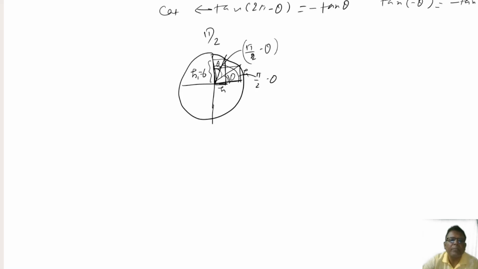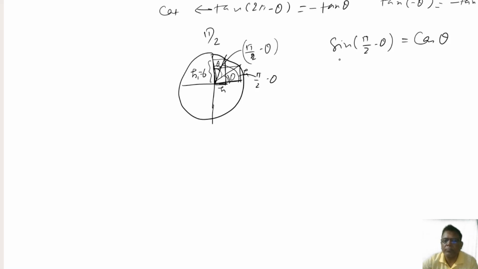So this will become h. That means height becomes base and base becomes height. So sine of pi by 2 minus theta is equal to cos theta, because height becomes base and base becomes height.